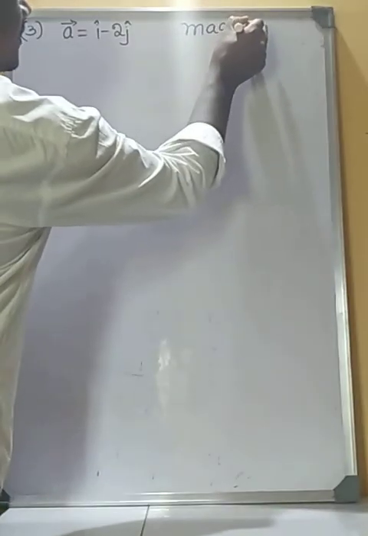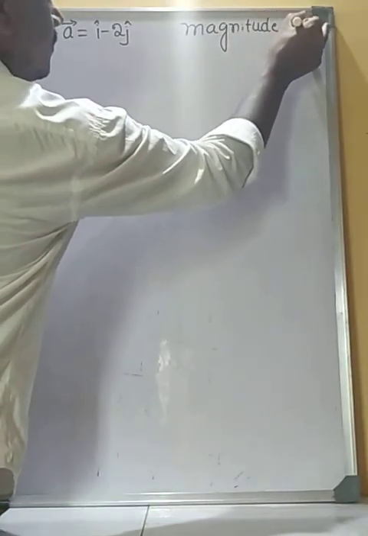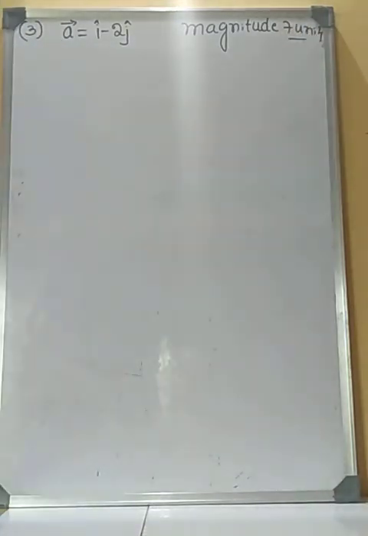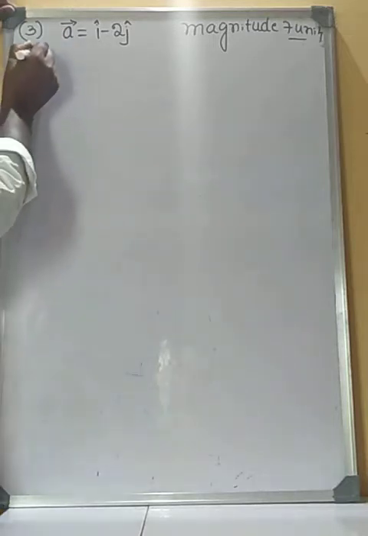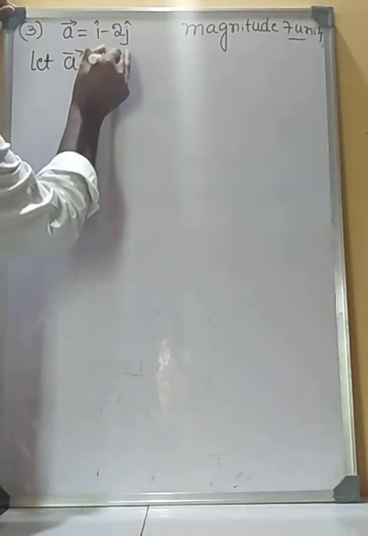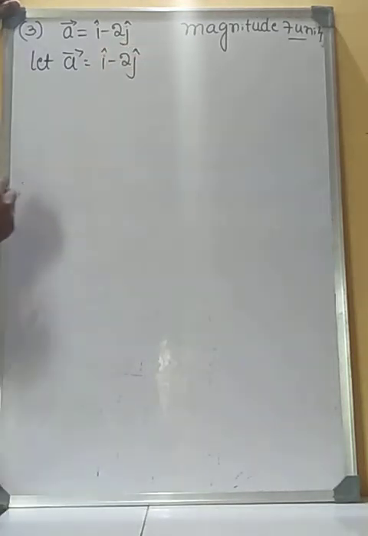Let vector A be equal to i vector minus 2j vector.